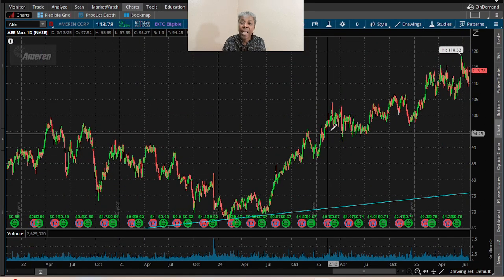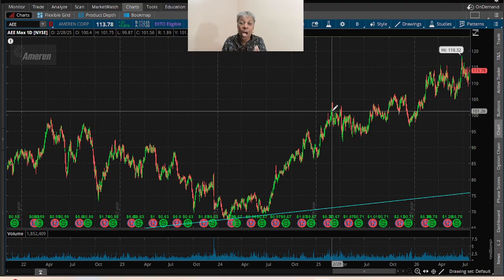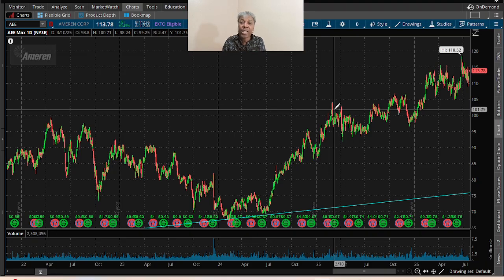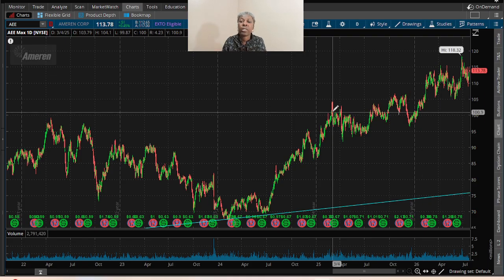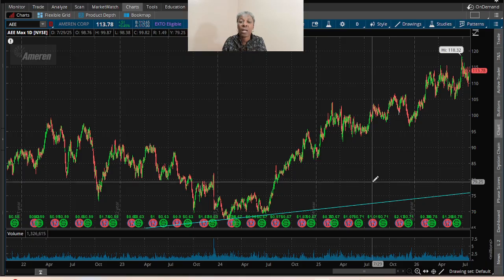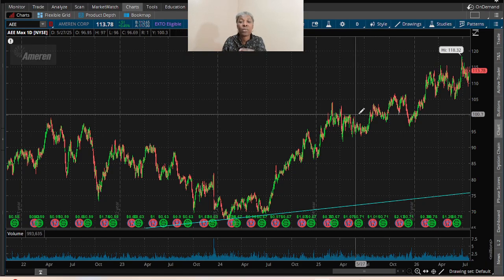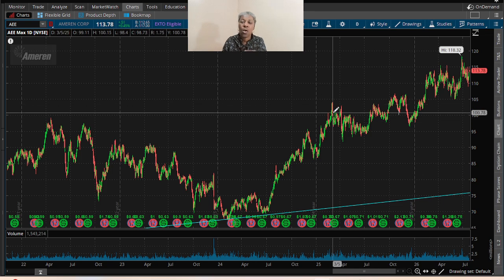Buying it at the valley and selling it after it reached the all-time highest price, or when it reached there, determine if it's going to continue going up for a while, or if it might start going down from there, and decide if you want to stay in the trade longer or get out.